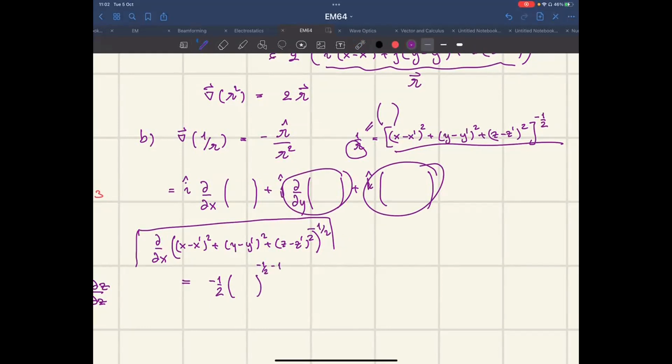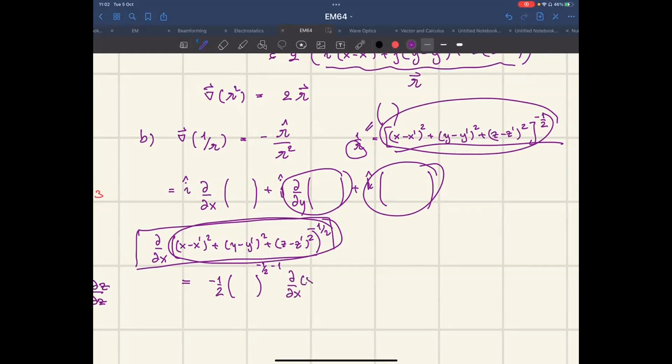Now we take the derivative of the outside of this term. It's done. Now we have to take the derivative inside, of this. And the rest is 0 plus 0 plus 0. So it becomes minus 1/2 and the whole bracket to the 3/2.